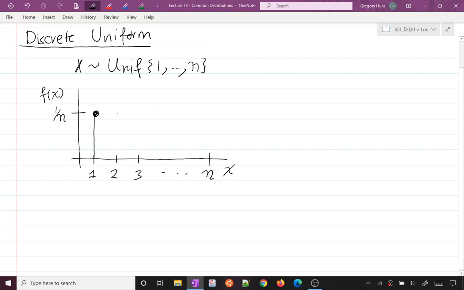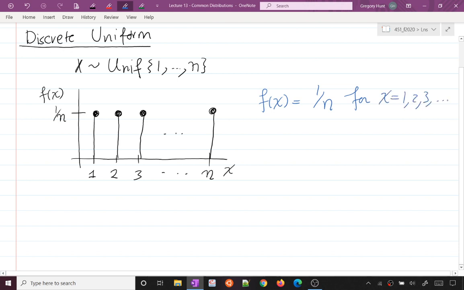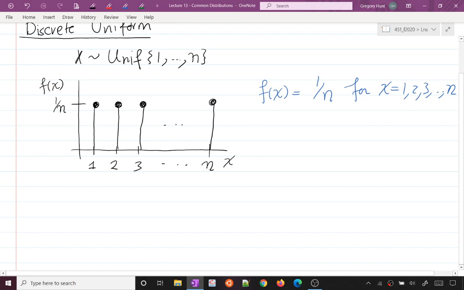Okay, so our picture of our PMF, our stick diagram, looks like this. And so we could write this out as the PMF f_X is 1 over n for x is 1, 2, 3, all the way up to n. And it's implied by this that it's 0 everywhere else.